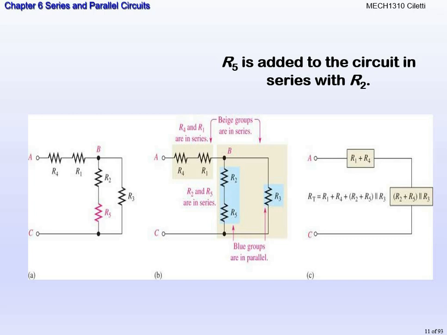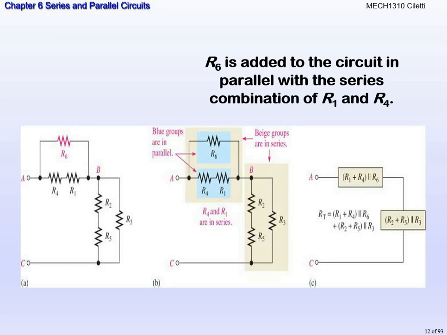R2 and R5 are in series, and that series combination is in parallel with R3. Once we get that combination, the R2 plus R5 in parallel with R3, that value will then be in series with R1 and R4. So we have to go step by step, piece by piece when we're doing these.